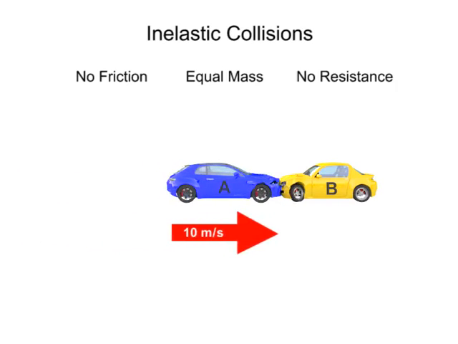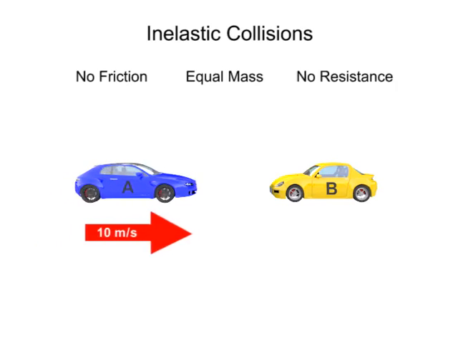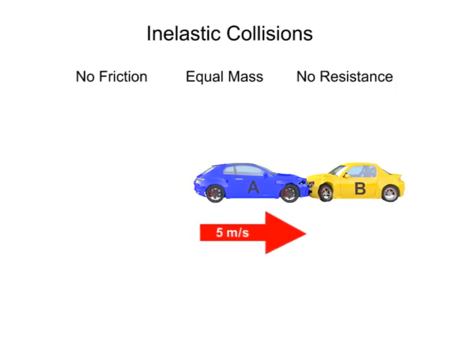Kinetic energy is immediately lost as the cars become mangled and stuck together. Some energy is converted into heat. Momentum after the accident, however, is conserved. With no road resistance, the doubly massive car wreck will continue moving in the same initial direction as car A, but at half the speed.